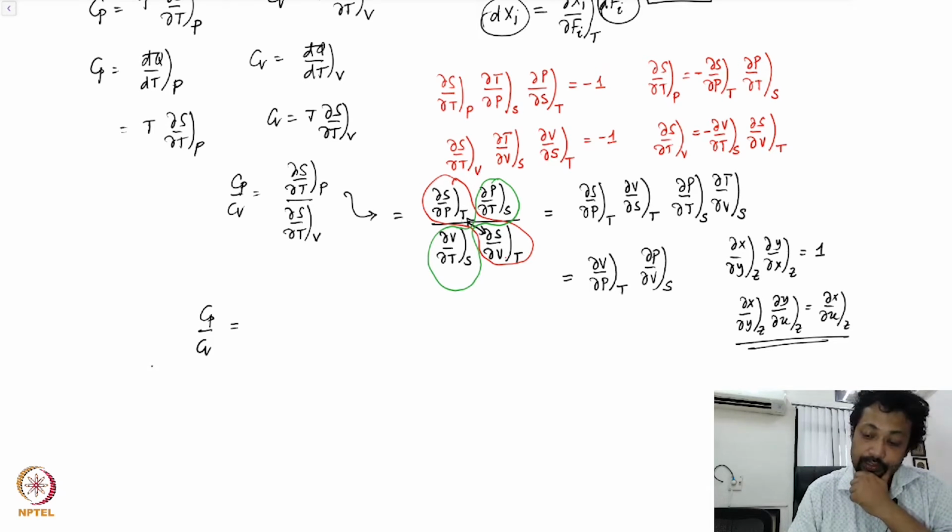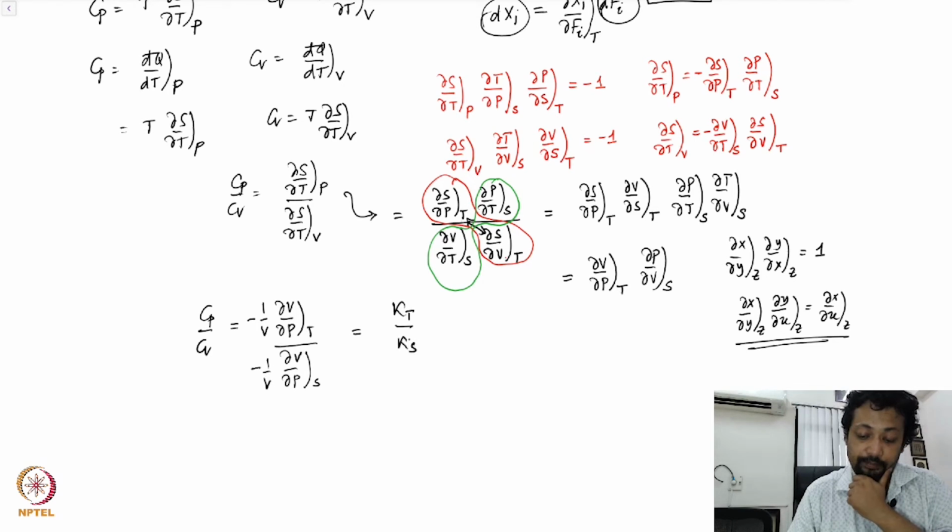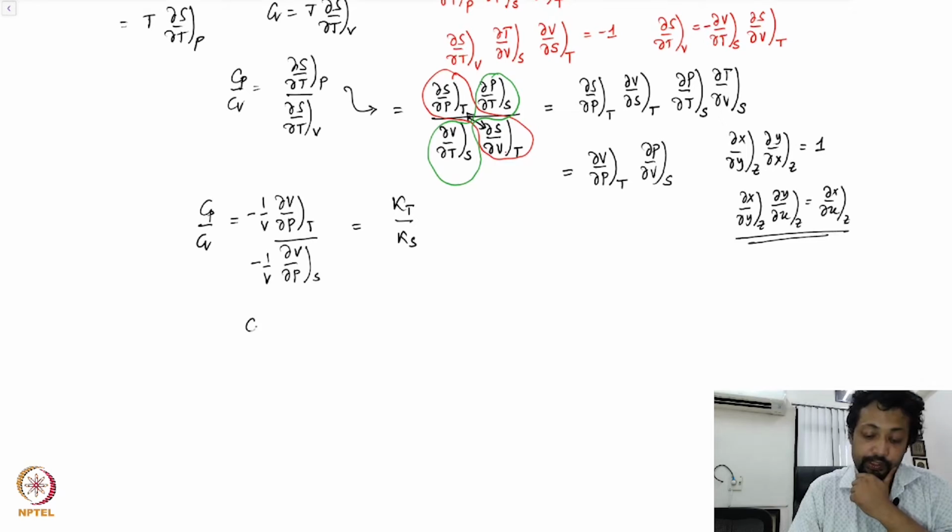Now it follows that the first term is (∂V/∂P) at constant temperature divided by (∂P/∂V) at constant entropy. Let's rearrange and bring in a minus 1 over V, and you'll see that this is kappa T over kappa S. So the ratio of the two specific heats, Cp over Cv, irrespective of the system, is equal to kappa T over kappa S.